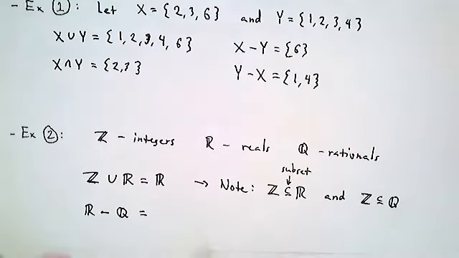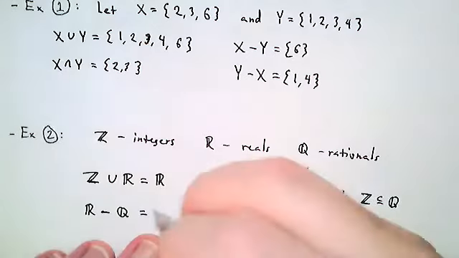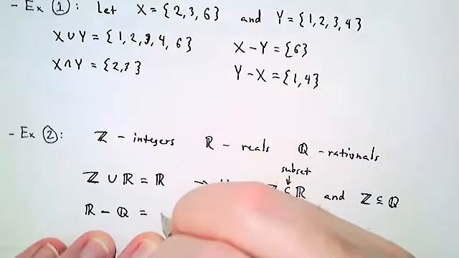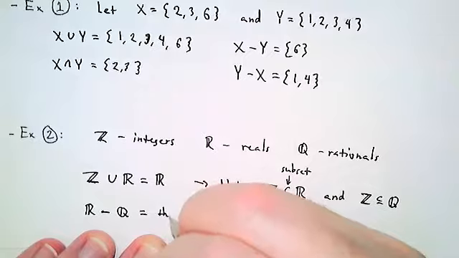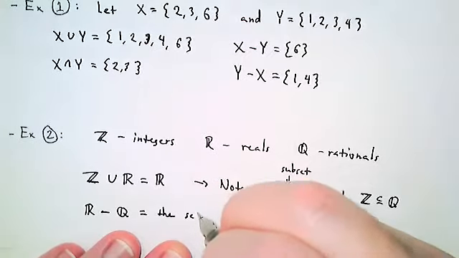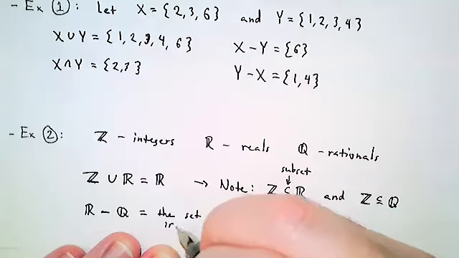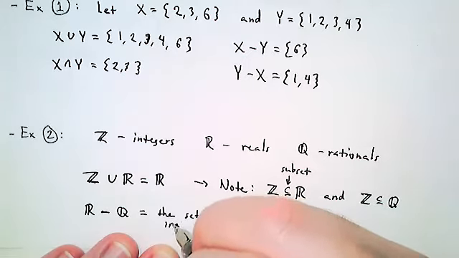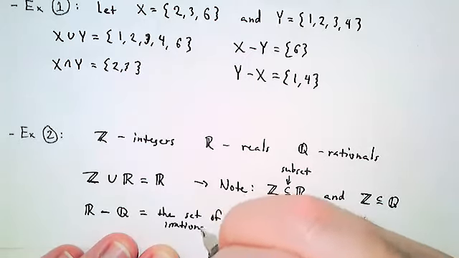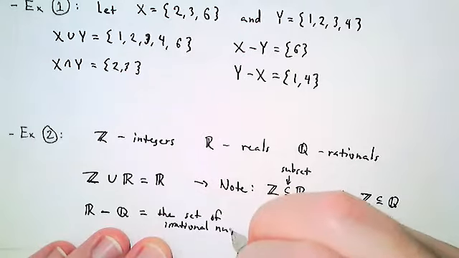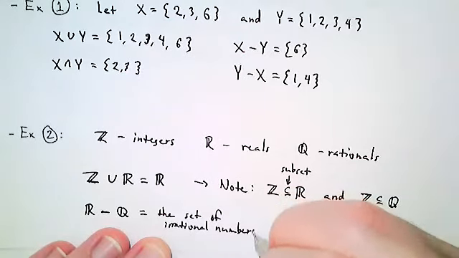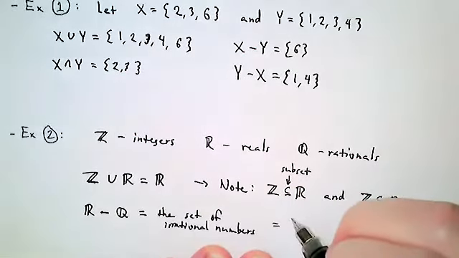Irrationals, yes. So it's a little silly. We take the real numbers, we get rid of all the rational numbers, and what's left is the set of irrational numbers. Okay.